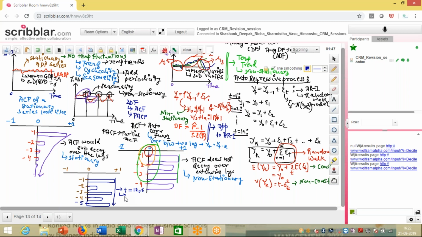So by looking into the ACF, or the autocorrelation functions, I should be able to identify whether the series is stationary or non-stationary.